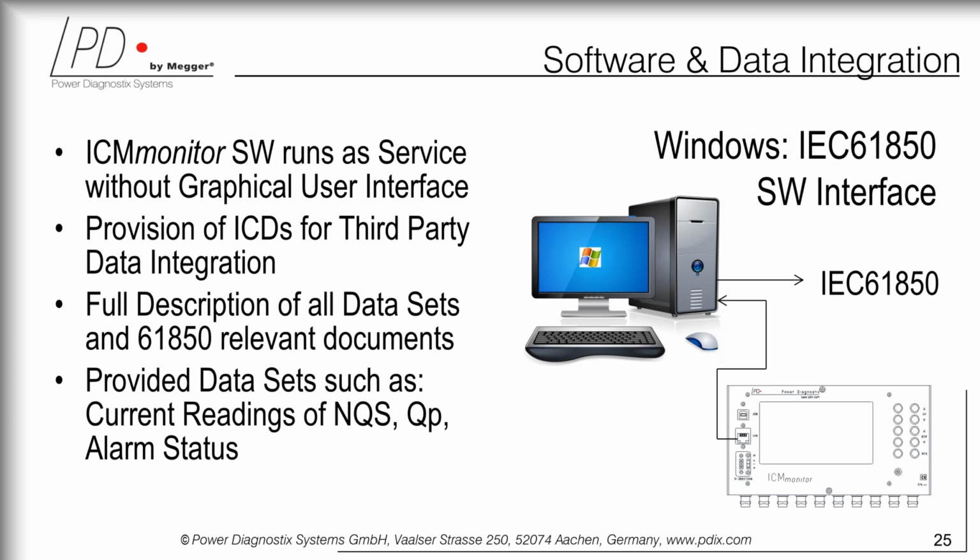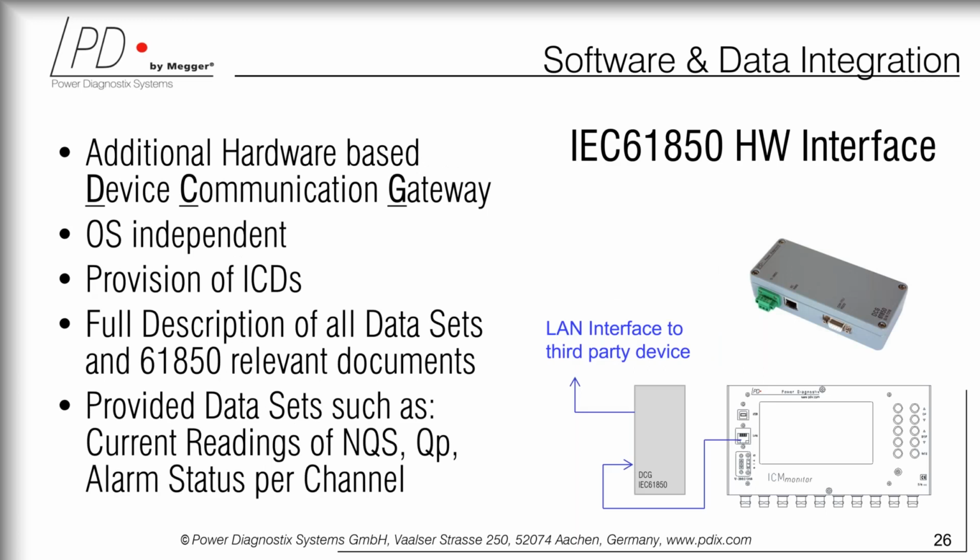Mainly people are getting via 61850 the NQS, the QP, the alarm status, and after that they tend to dial in to see in detail the screens that I presented previously. Another way to actually connect to the device is via this DCG 61850 module. This can be purchased, of course, from us.